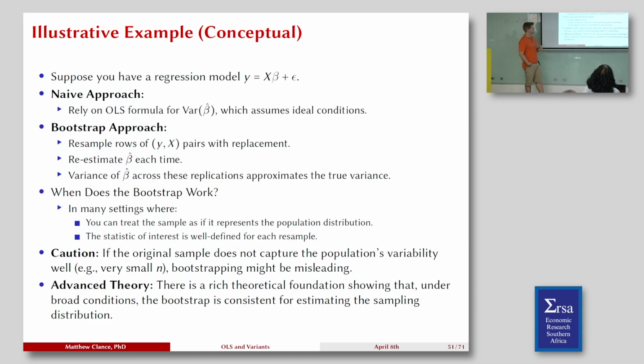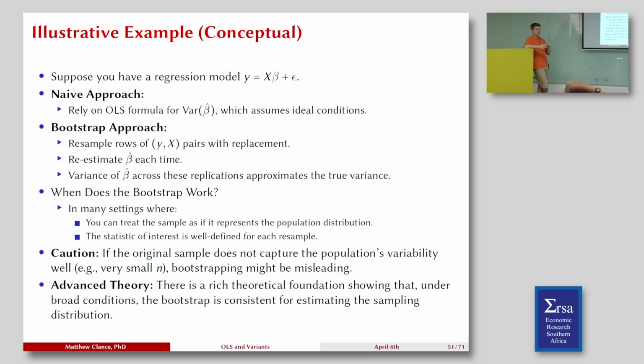So what we're basically saying is it's not going to be poorly behaved, in the sense that we can treat whatever sample we originally had as being from the population distribution, which we make that assumption a lot. When we take the data, we're assuming that it's coming from a larger population distribution. The statistic of interest is well defined within each of the resamples. So basically, we're not getting variation in the sense of how we're defining it across each of the resamples.